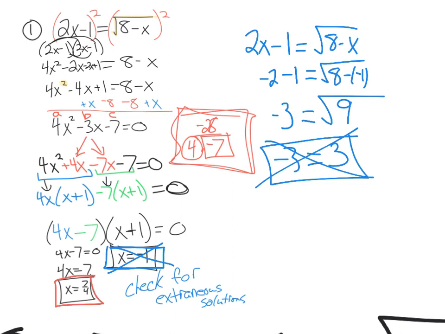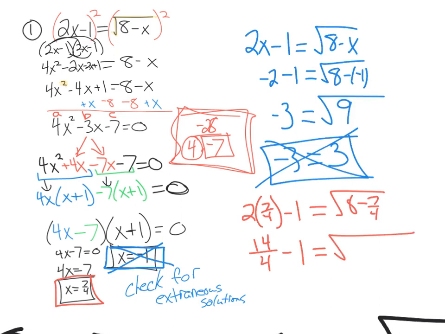Over here, let's just make sure this guy's good. If I'm putting 7/4 into the original problem, I want to check and make sure that this works. So I'm going to get 14/4 minus 1 equals the square root of, and what I'm going to do underneath the radical, I'm just going to try to do this pretty quickly. I'm going to take this expression and just quickly make them both the same denominator so I can add them together.